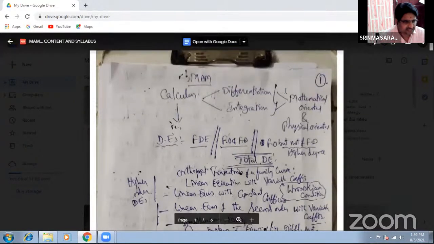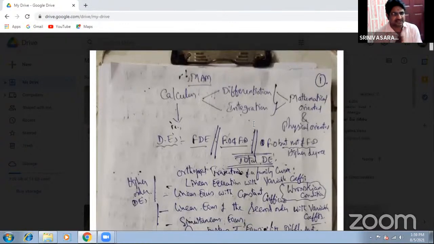What is applied mathematics? This is purely MSc mathematics. This is the paper of 8th B. The paper is methods of applied mathematics.